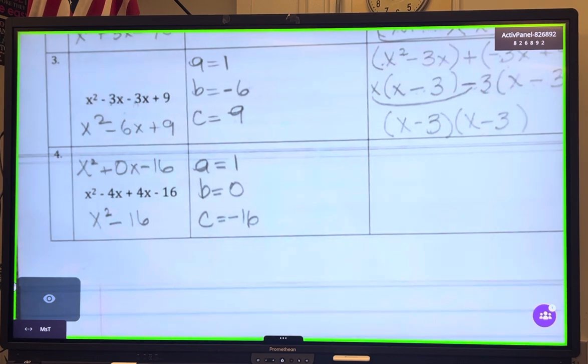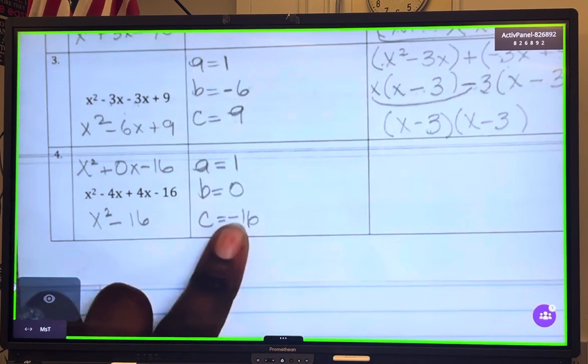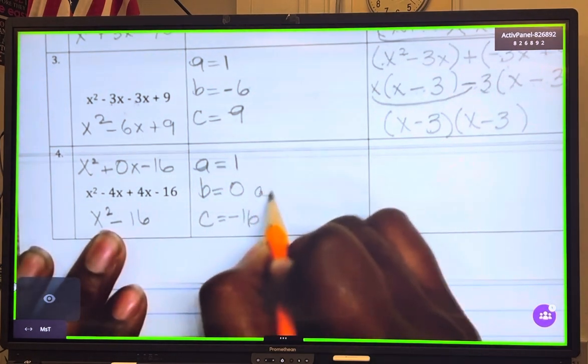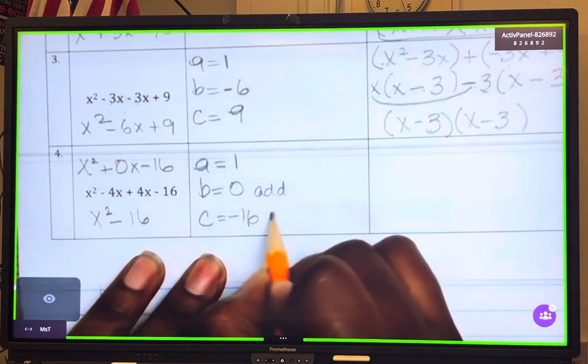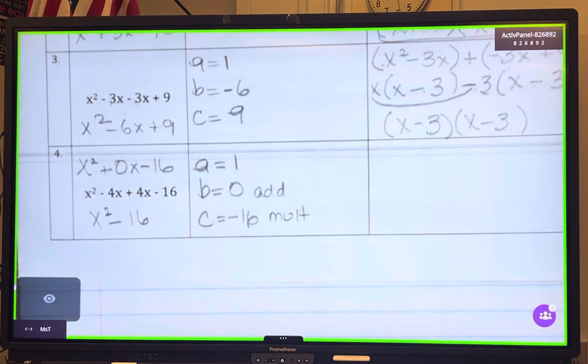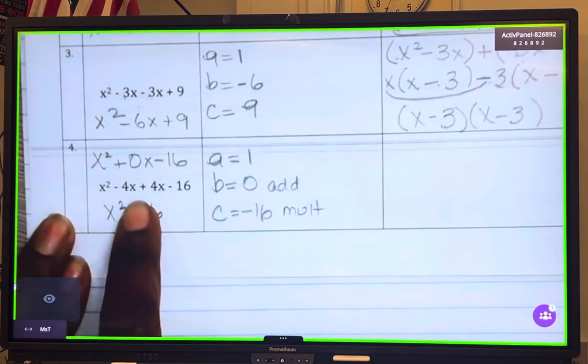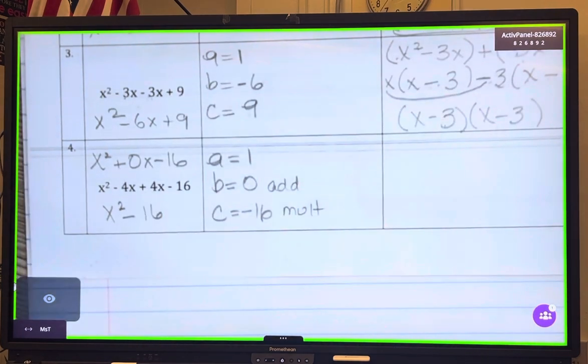Give me two numbers that when you add them, they give you 0, but when you multiply them, they give you negative 16. What is it? Negative 4 and what? Positive 4. Isn't that what was here in the middle?